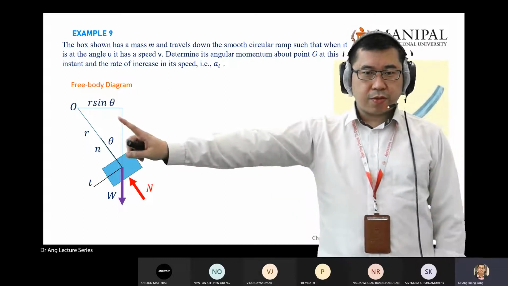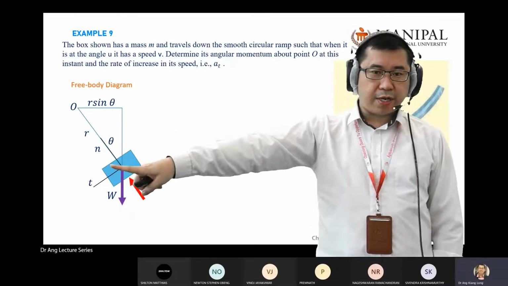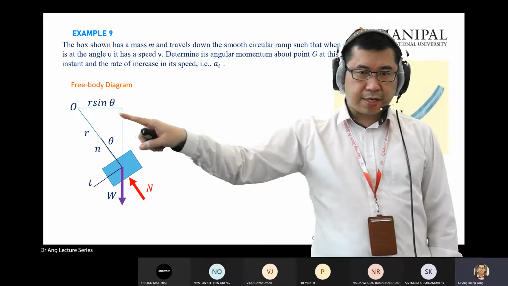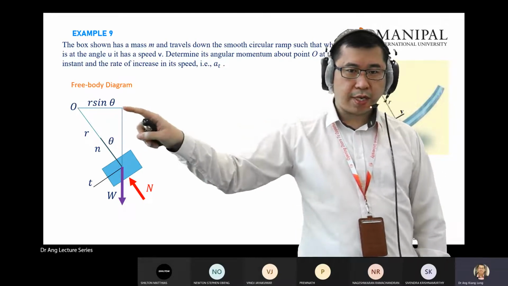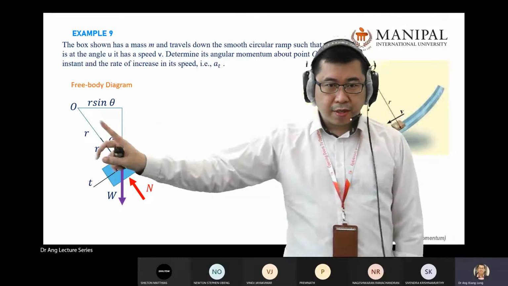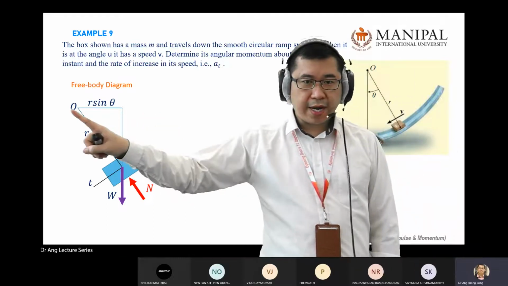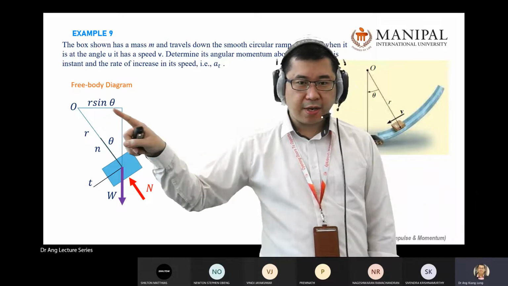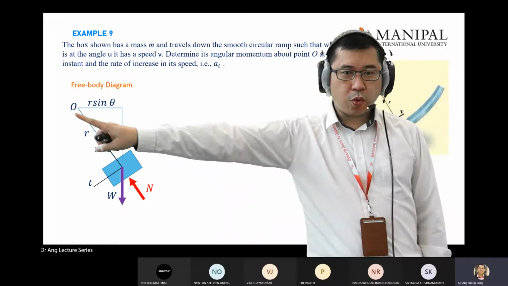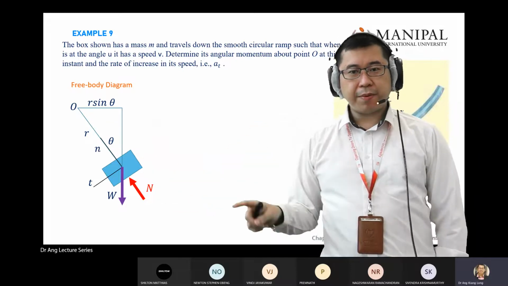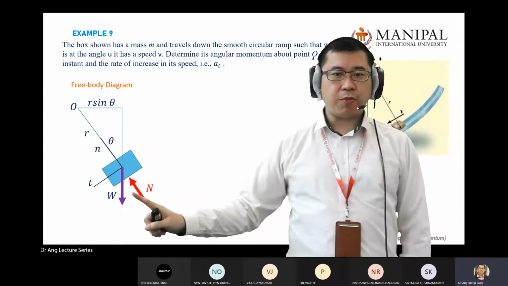So I just give some convenient distances. This distance from O to here is R sine theta. Why do I need this distance? Because I'm referring to O. You learned about moment before, right? What is moment?